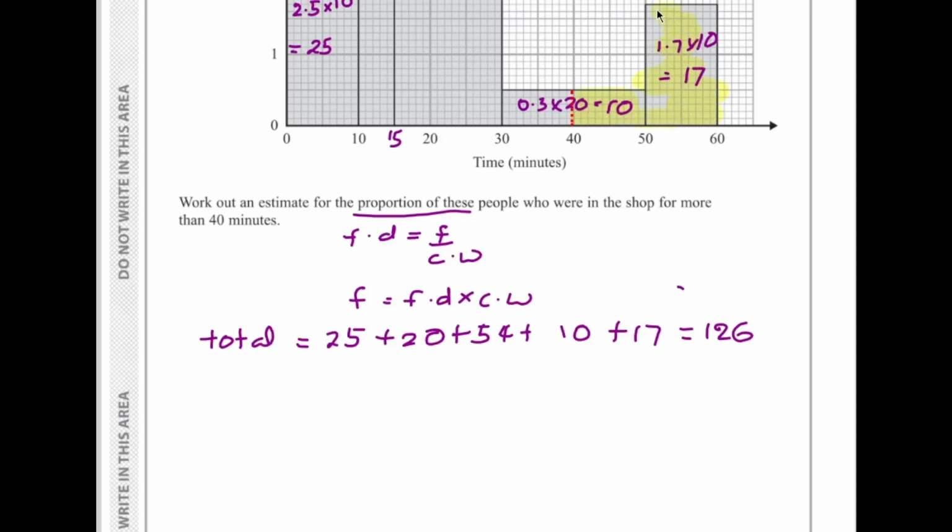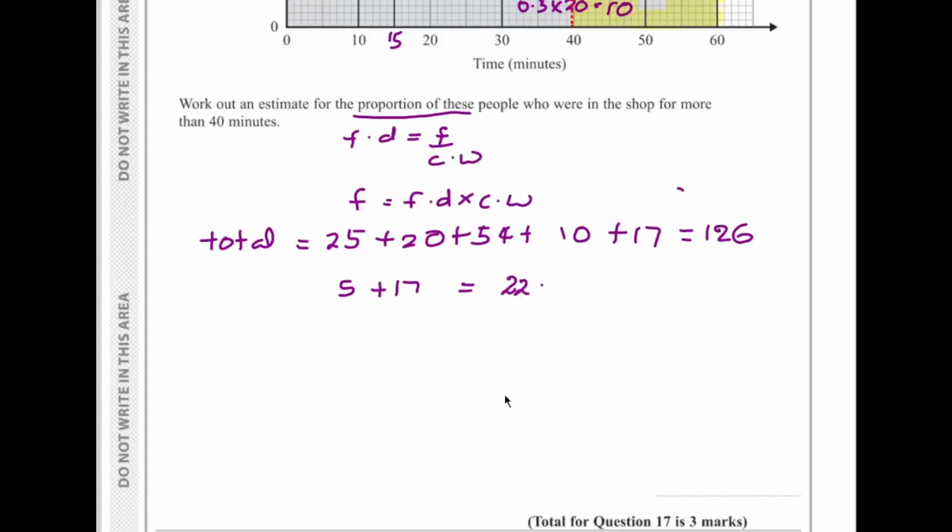Then we need to get the frequency for this one. So here the frequency becomes altogether 10. This is half of it, then 5, plus 17, which is 22.